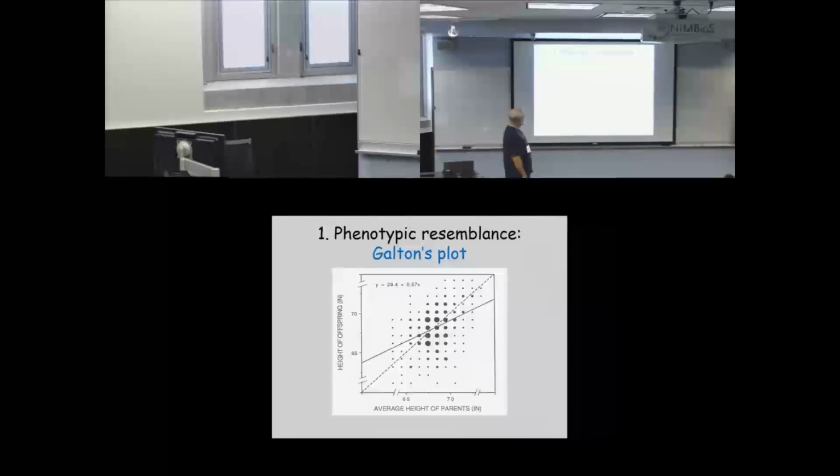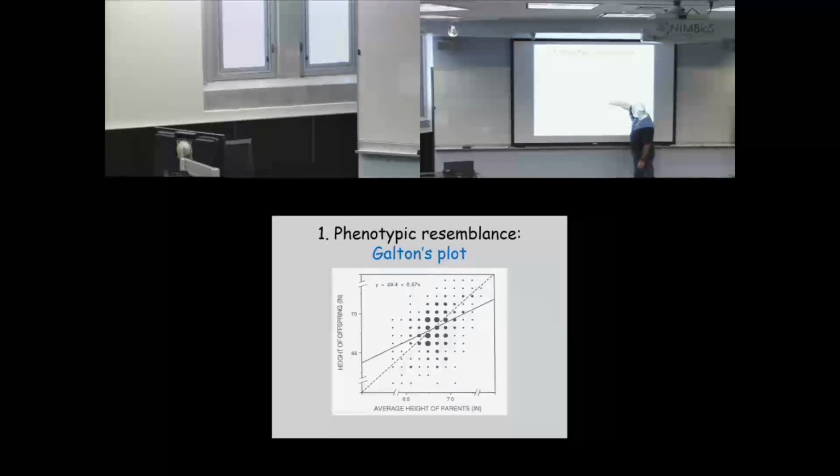Okay, here's Galton's plot. We've flipped the axes so that we're looking at offspring height as a function of parental height. And Galton wants to take all of these data on stature in the British population, and he wants to crunch it onto one graph. That's what he was trying to do. So you've got two parents, so he takes the average of the two parents.